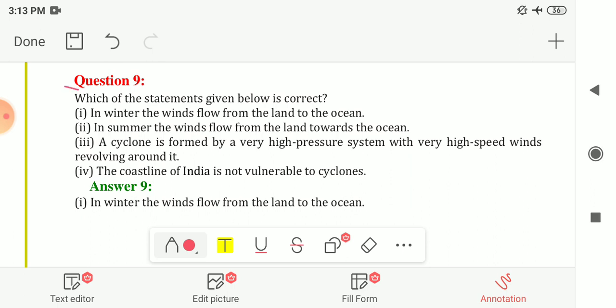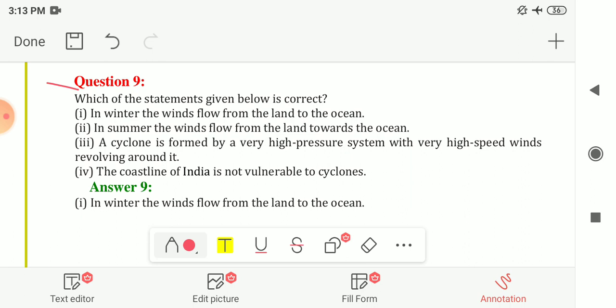Next, 9th number. Which of the statements given below is correct? First, in winter the winds flow from the land to the ocean. Second, in summer the winds flow from the land towards the ocean. Third, a cyclone is formed by a very high pressure system with very high speed winds revolving around it.